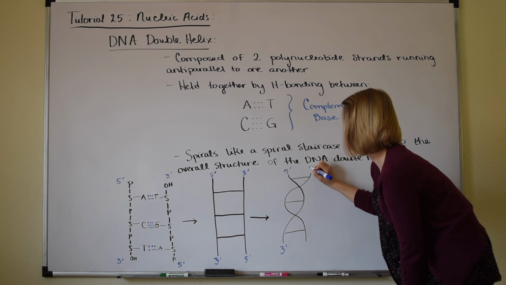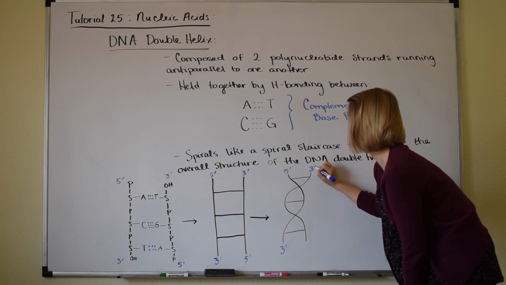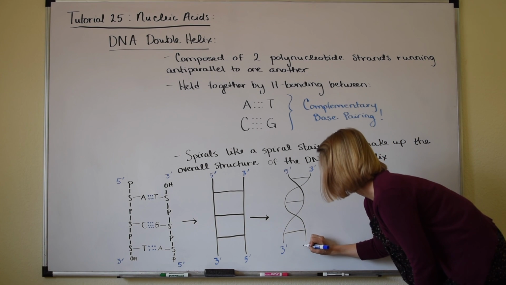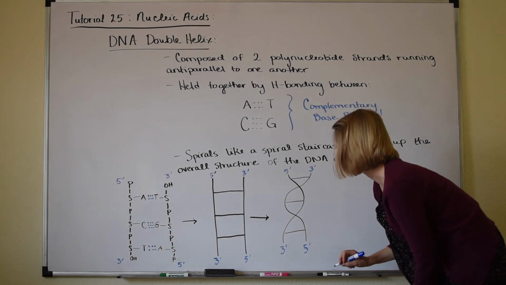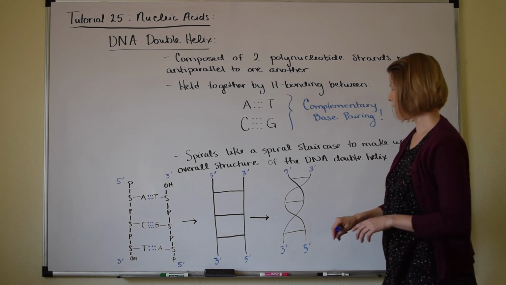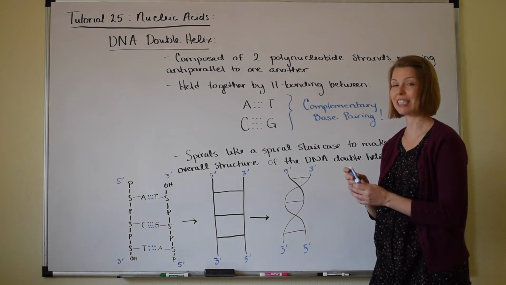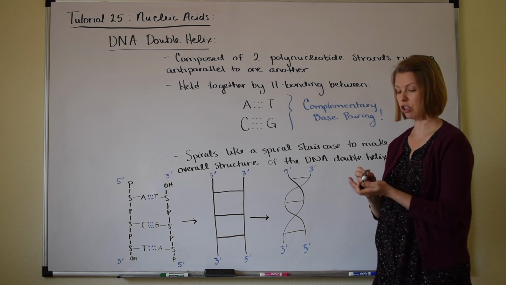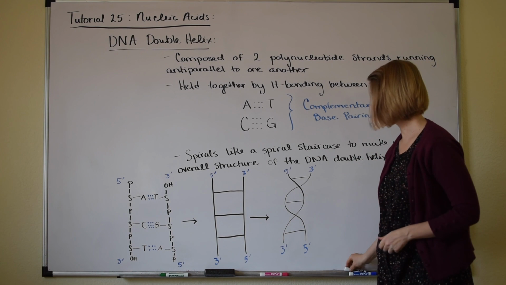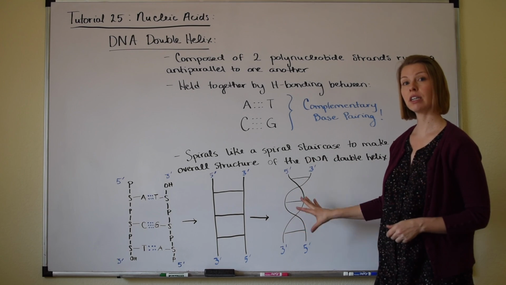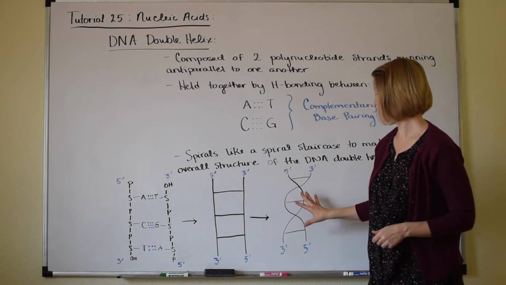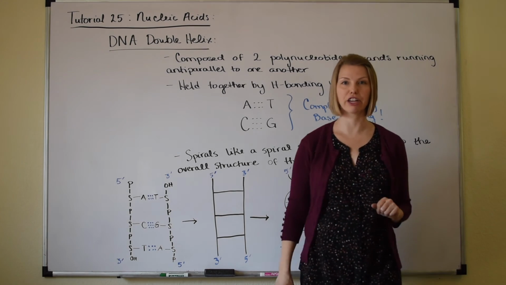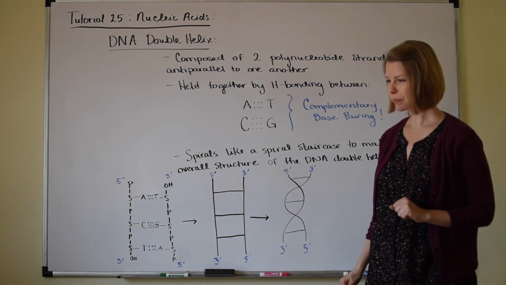And if this is running anti-parallel, then this must be 3'. Follow it to the end. There is your 5' end. Okay, so that's how I will usually be drawing the DNA double helix in future tutorials, just to save time, using that kind of cartoonish ladder depiction. Okay, spiraled ladder or spiraled staircase depiction.